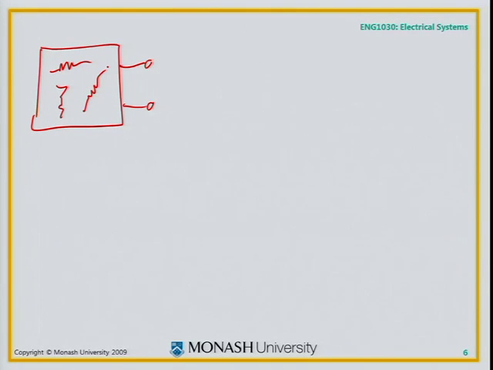If you had to try and work out what was in there, well, you could do tests on that thing. You could put different voltage sources on there and measure the current, or put current sources on there and measure the voltage. So suppose you do that, that's some element.